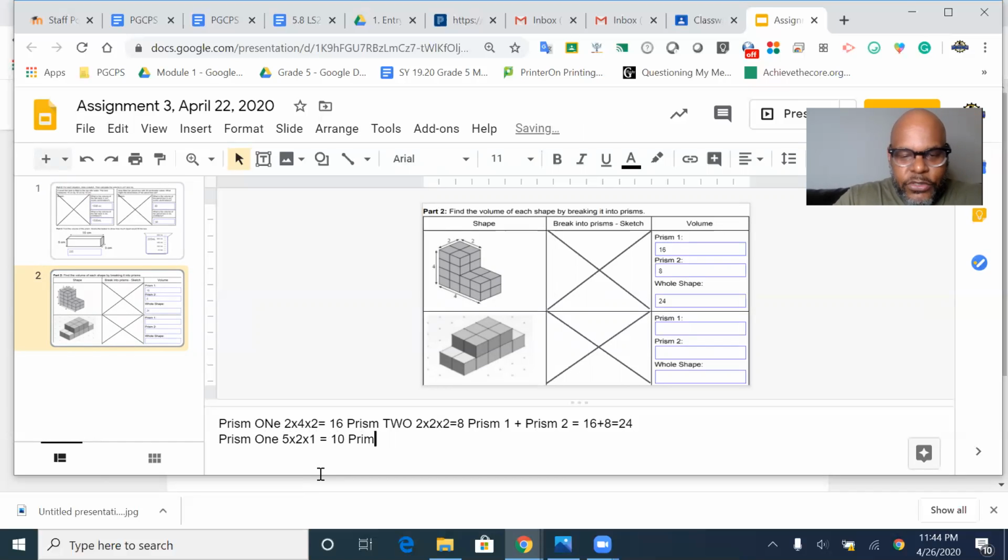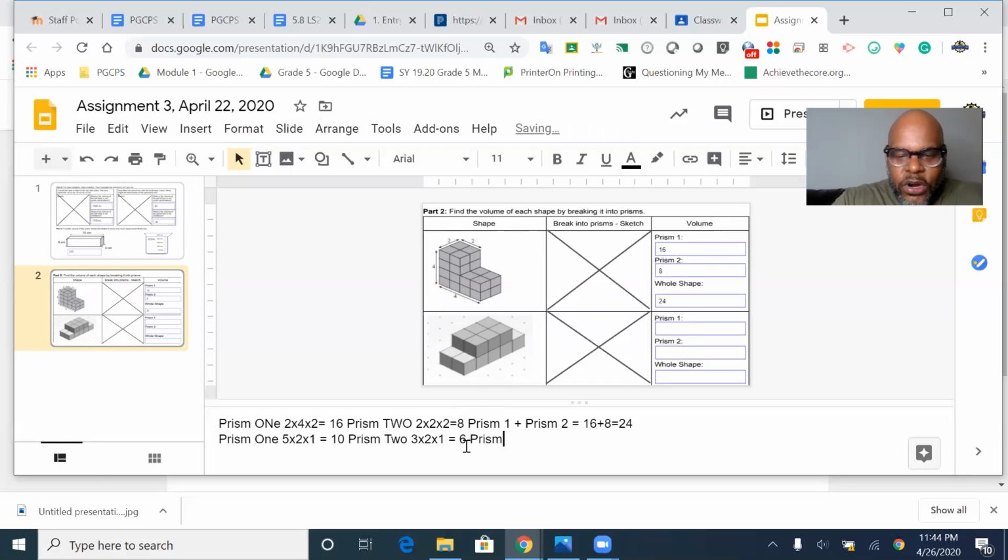All right, prism 2, which is at the top, has a height of 1, a length of 3, and a width of 2. So that equals what? 6. Good job.